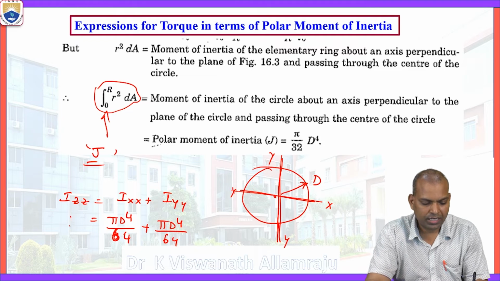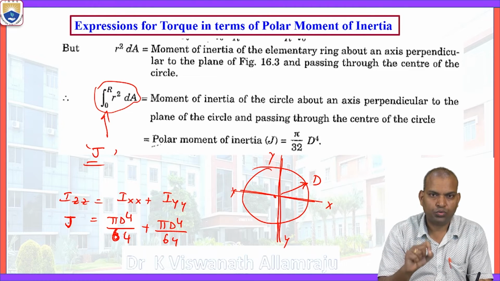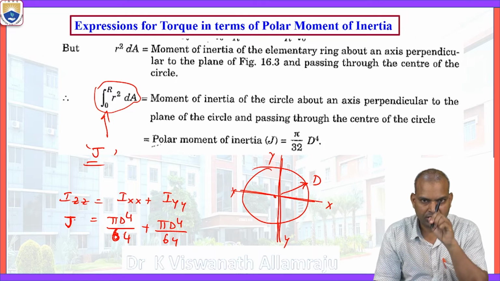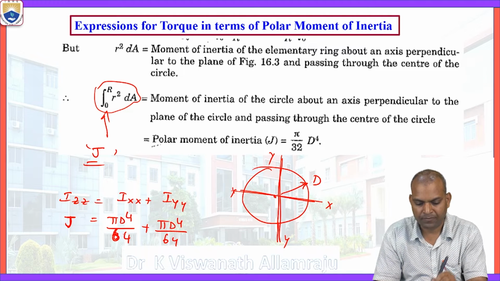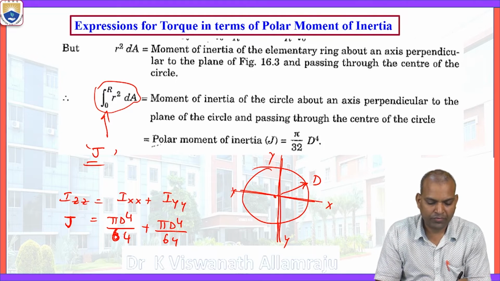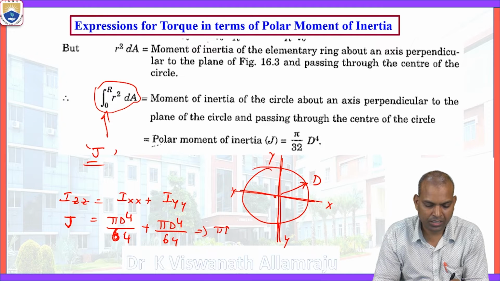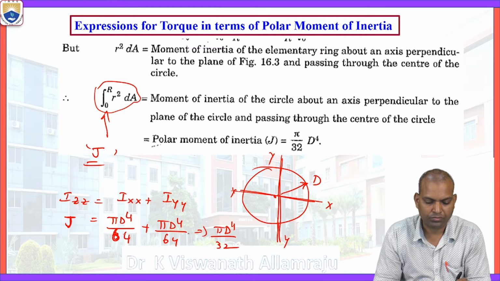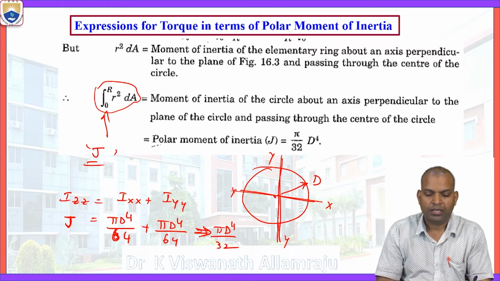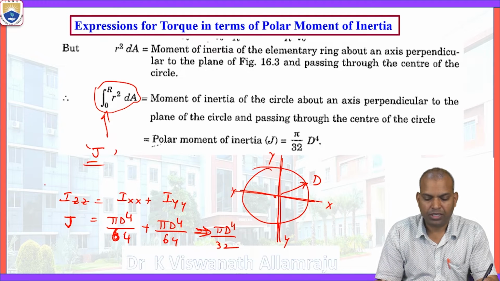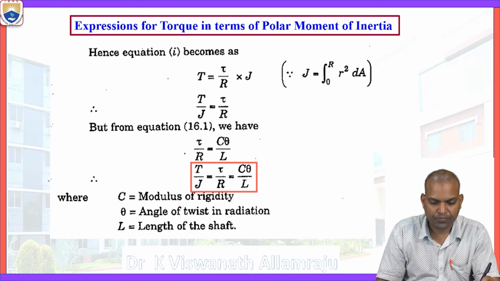Now, what is IZZ? This IZZ is about the axis perpendicular to the plane area, perpendicular to the circle. That is the polar moment of inertia, which comes as pi d power 4 by 32.